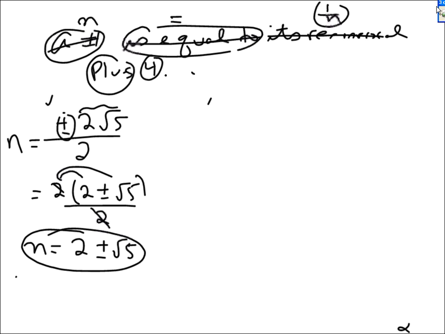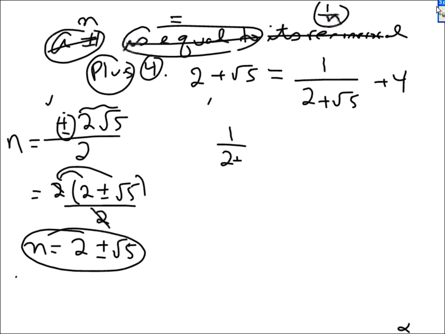Remember, the number, let's say 2 plus square root of 5, is equal to its reciprocal plus 4. So I'll mess with the right-hand side, because the left side is rationalized. It has no radicals in the bottom.